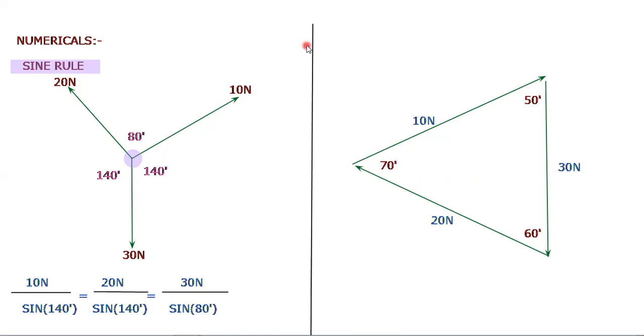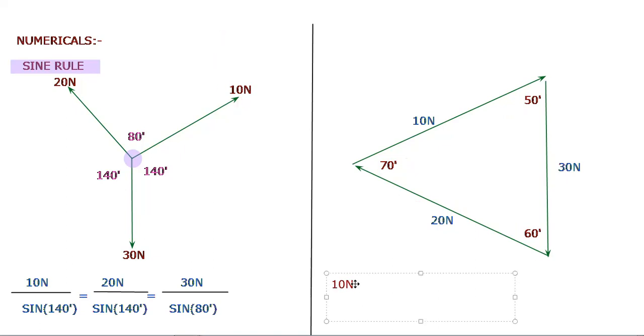Now how will the expression be here? You need to consider one side and the angle opposite to it. Suppose 10 Newton is the side, and opposite to that is the 60 degree angle. For 20 Newton, the opposite angle is 50 degree. And for 30 Newton, the opposite angle is 70 degree.